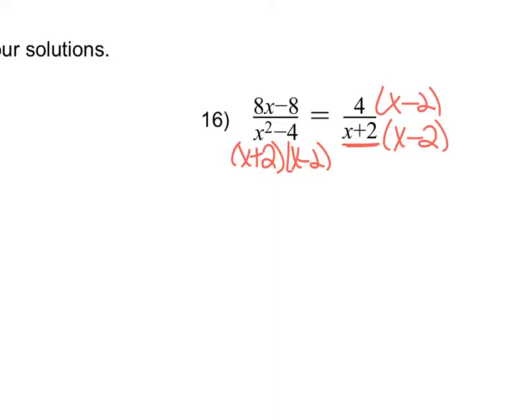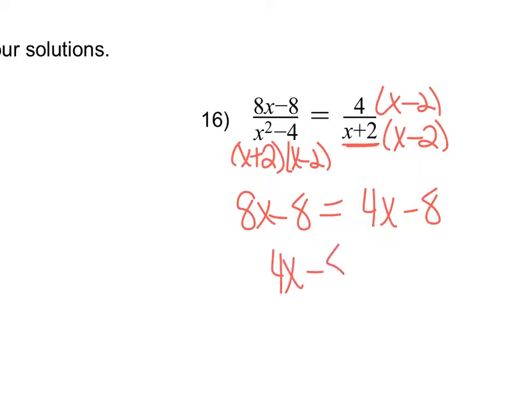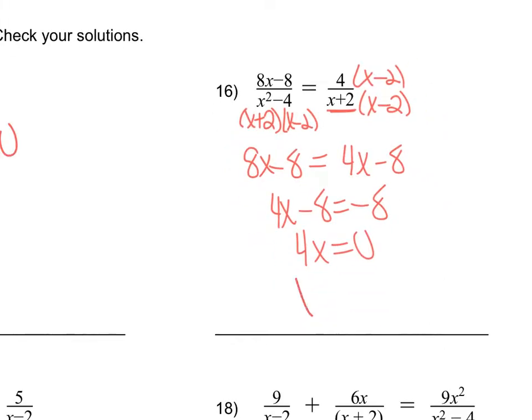So then my denominators would be the same, so I could just say 8x minus 8 equals 4x minus 8. If you subtract 4x from both sides, if you add 8 to both sides, you get that x equals 0.